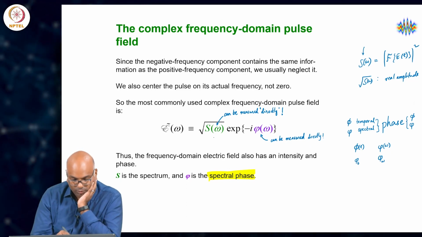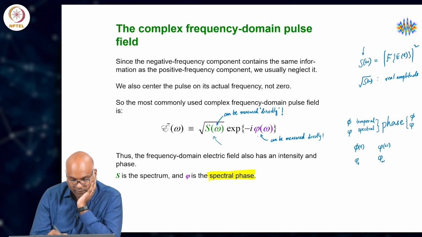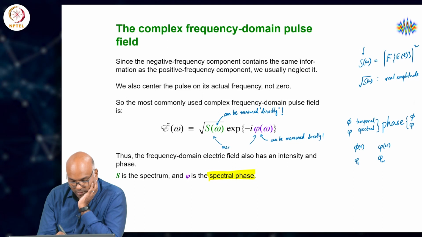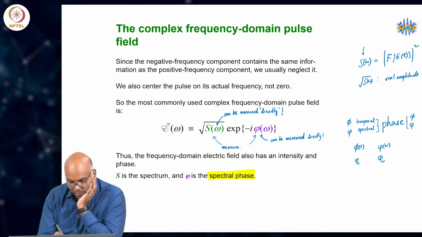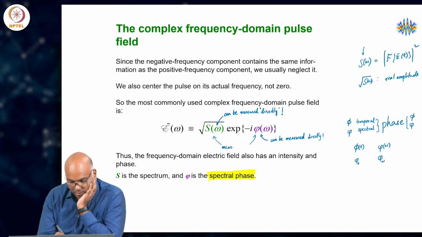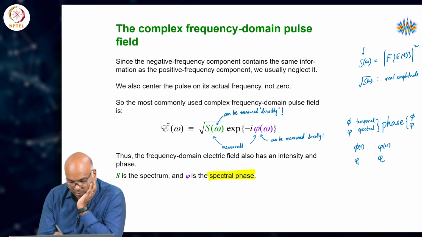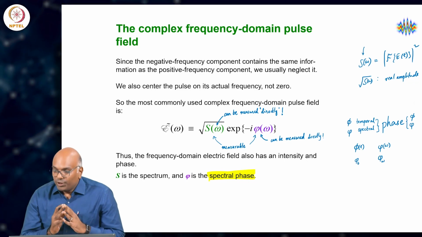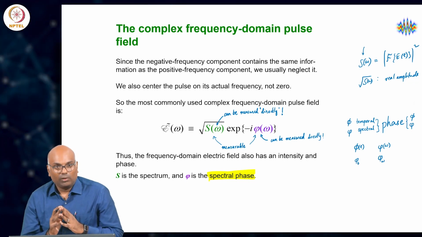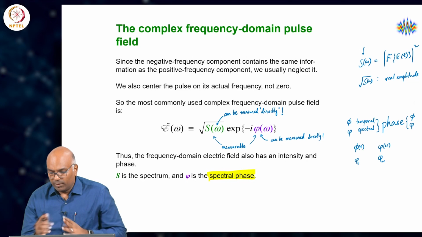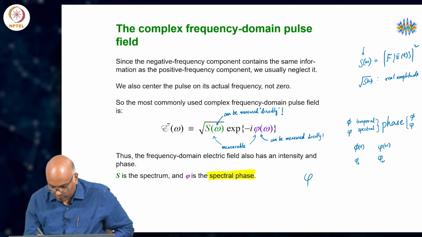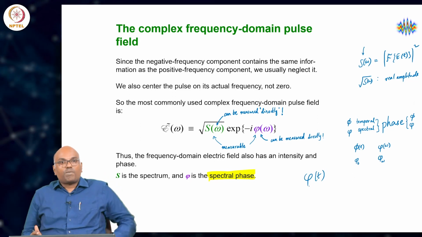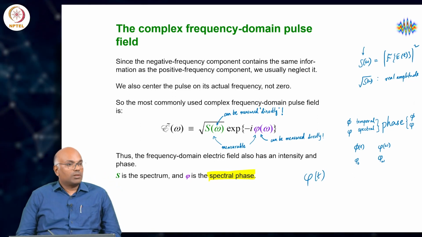These two quantities, we do have a device that can measure. These are both measurable. Now we can make the point, what about phi of t? What about this?